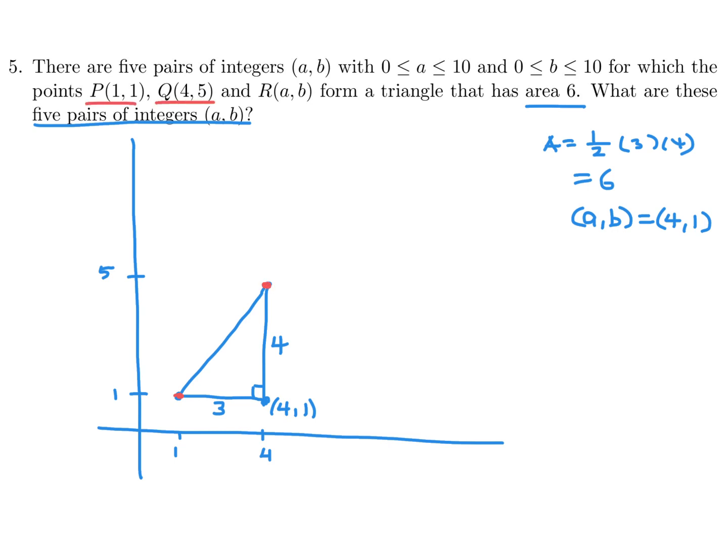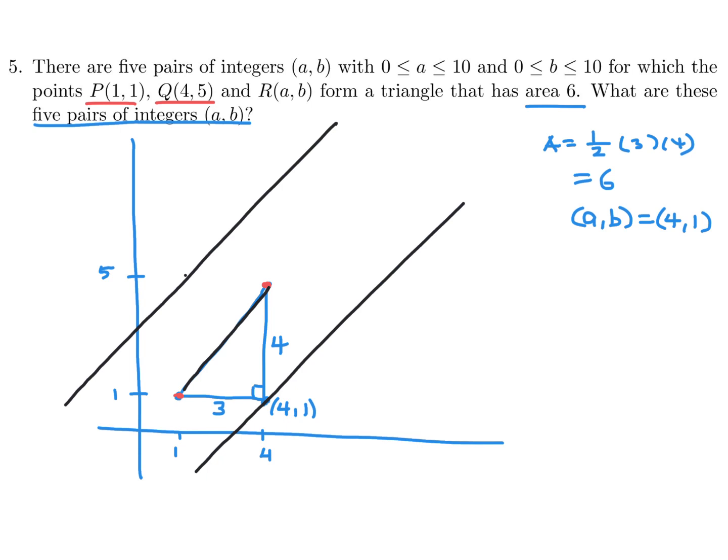So what you can do is create triangles that have the same height and base, and that would do the trick. So, for example, if you were to sort of make parallel lines to this guy, like that, and let me just see here.